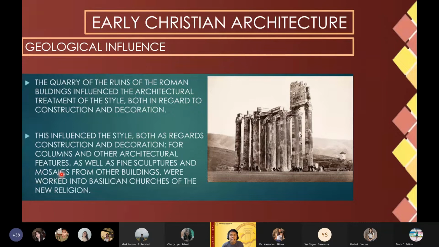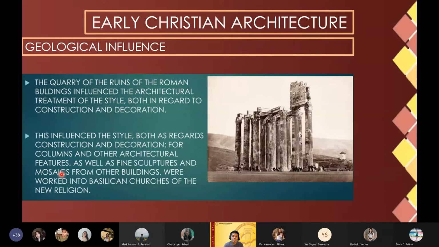Okay, so during this time, as I've said before, Roman architecture is on the downfall. Medyo pa-down na ang Roman architecture or the Roman Empire. So there are buildings, mga dilapidated buildings, or kanang mga guba-guba na nga buildings.